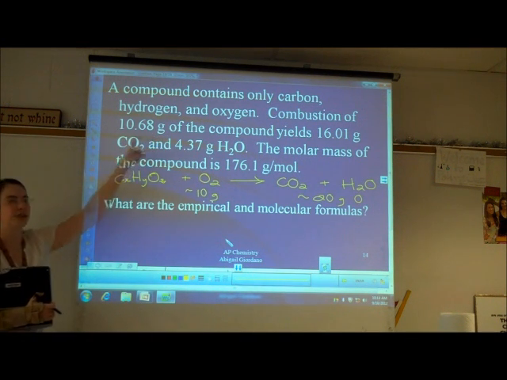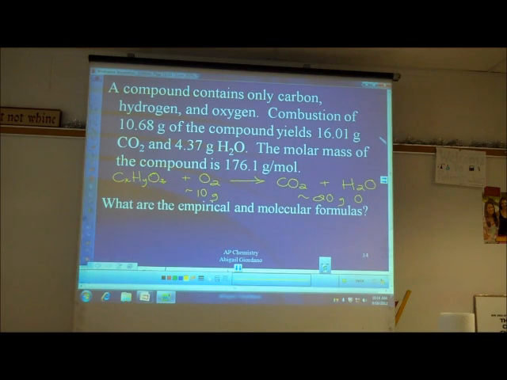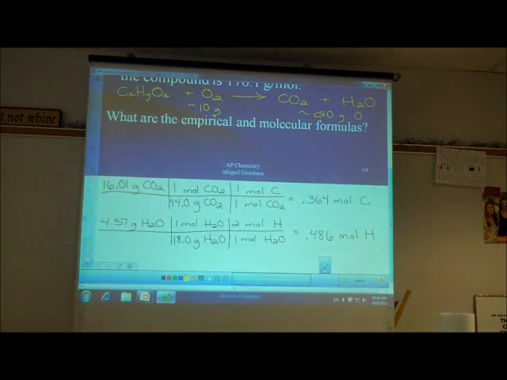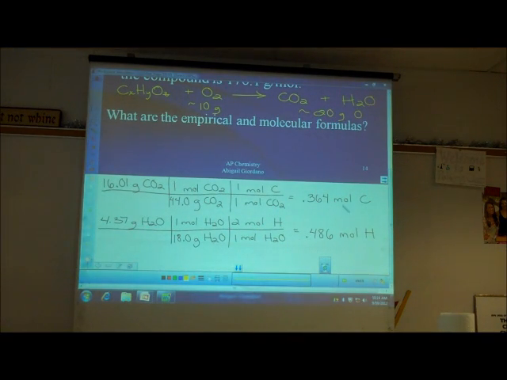We know the mass of this entire compound. Let me scroll down. Can't I turn these both back into masses and subtract them from the total? Wouldn't that give me this? Okay.